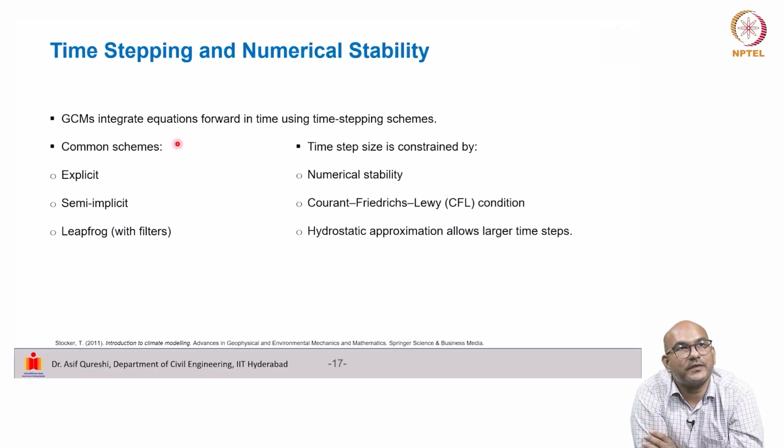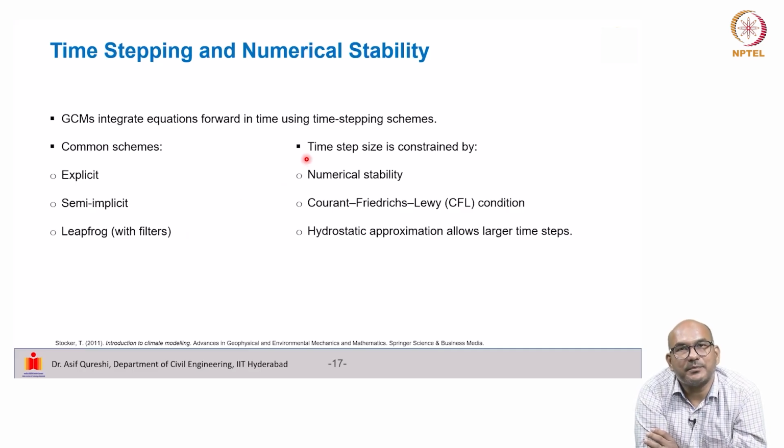So, as we have seen, the GCMs will integrate equations forward in time using different time stepping schemes. Some of the common schemes are explicit schemes that we have seen, like CTCS, centered in time, centered in space. They can be semi-implicit. They can be leapfrog schemes, different leapfrog schemes with some filters.